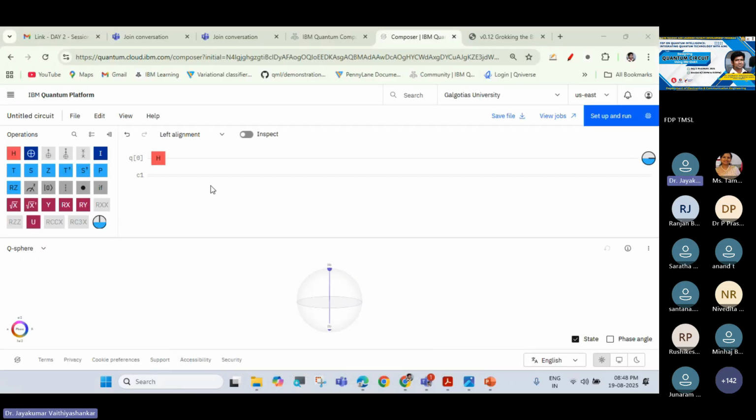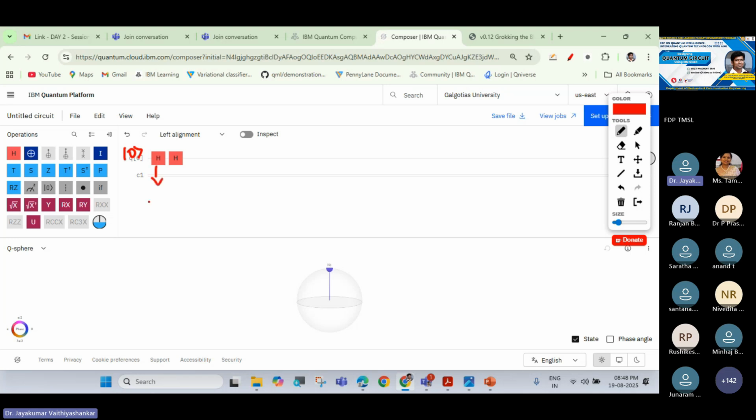Okay. So what happens if you implement one more Hadamard gate? It will cancel each other. It will go back to the original quantum state. We started from state 0. We implemented Hadamard 1, it will go to the plus state, equal superposition. Again, we apply Hadamard gate 2, which will go back to state 0.